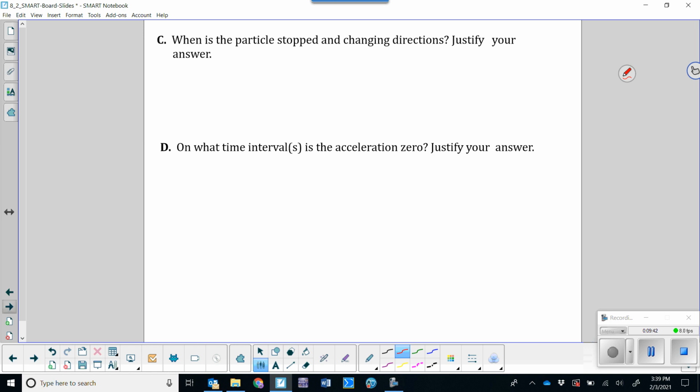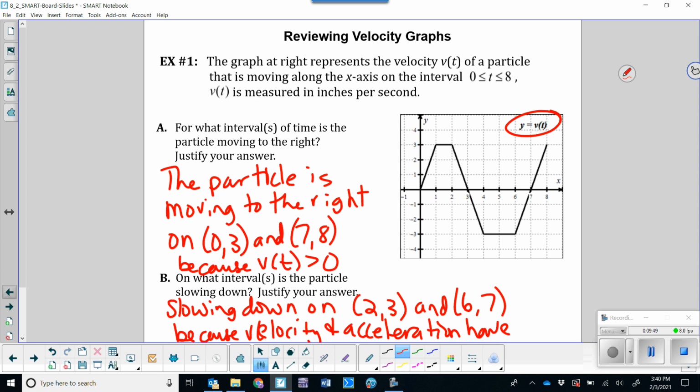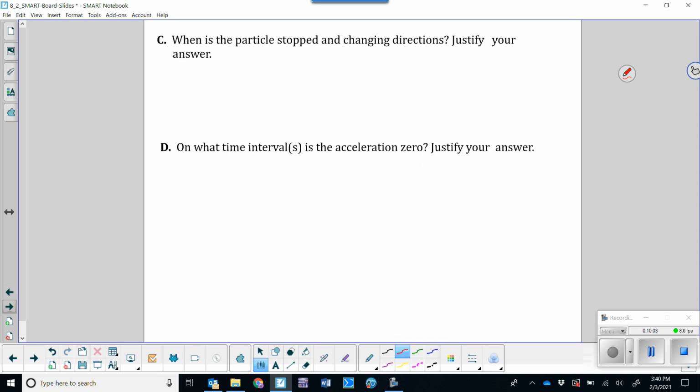And that's it. Now, if you struggled with these lessons, take a little more time on this part. When is the particle stopped and changing directions? The particle is going to be stopped whenever the velocity is 0. It only is going to have changed directions there if the velocity sign changes from positive to negative or vice versa.